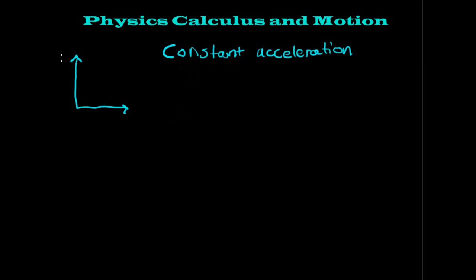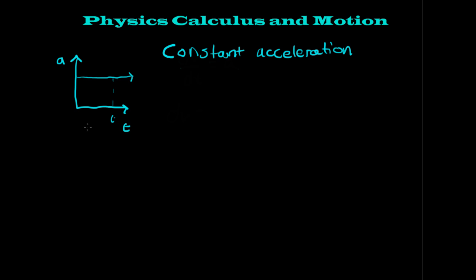But the kinematic equations we've been talking about so far are for constant acceleration. And we've used that. We've drawn graphs, acceleration versus time, and hey, if it's constant, it's a line, right?